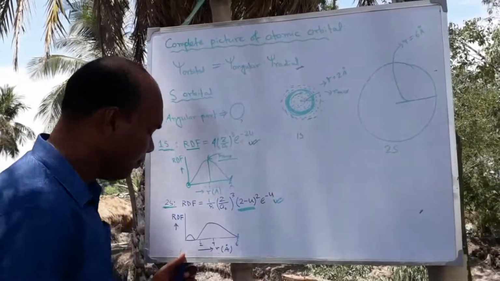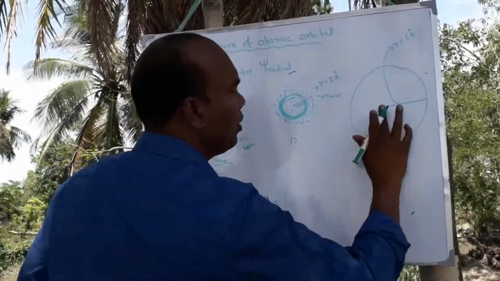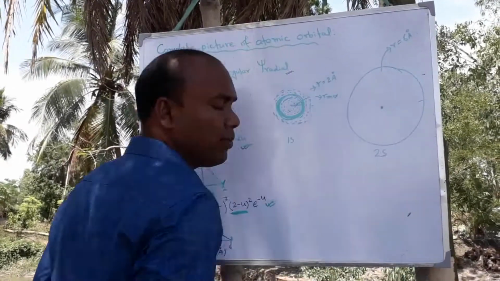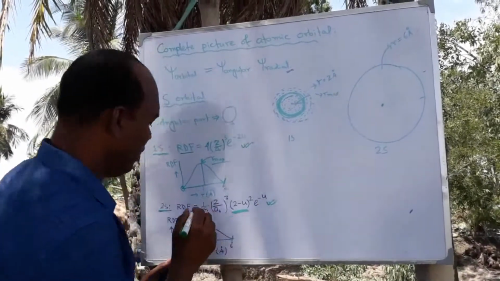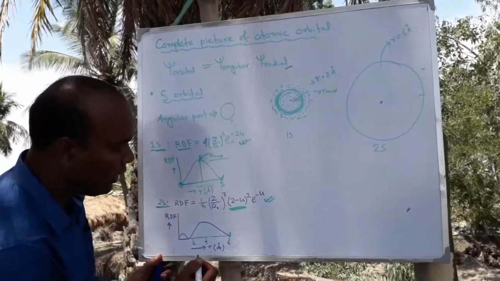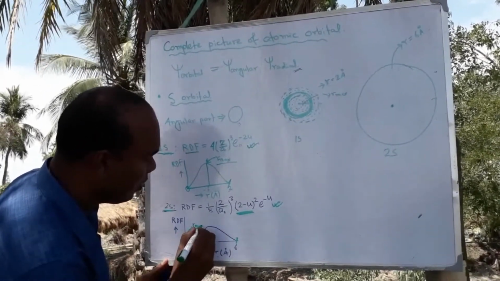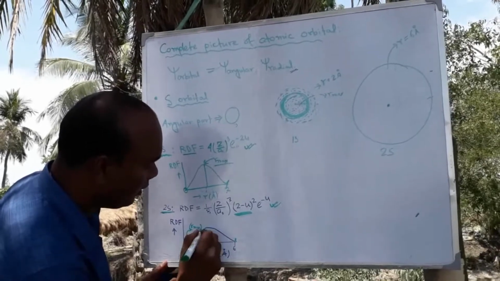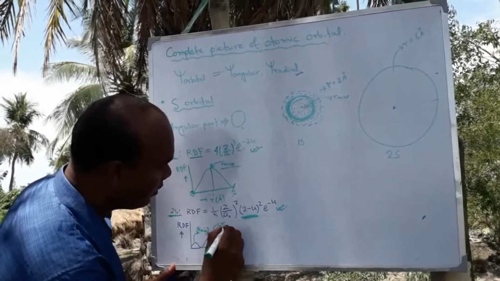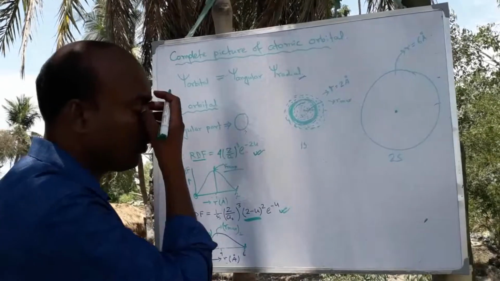Now come to the 2s orbital. You see here, near the nucleus there is no electron cloud density. This is your nucleus. With increasing radial distance, the electron density increases. This is your Rmax1 and this is Rmax2.